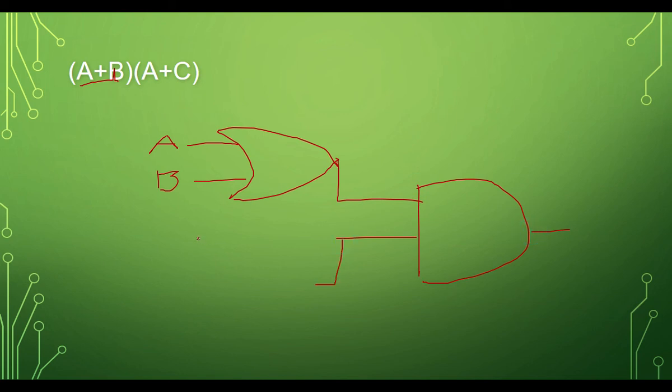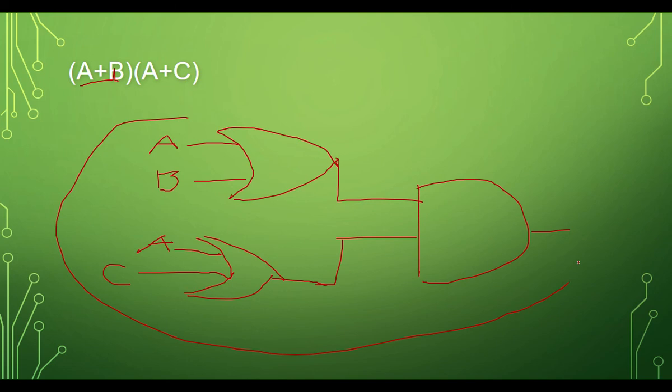So we have another OR here. We have here the A and then we have here the C. So there you go. This is now the logic circuit for this Boolean expression.